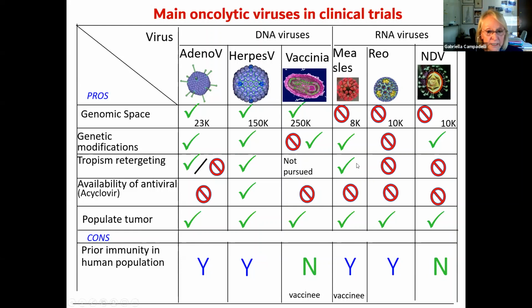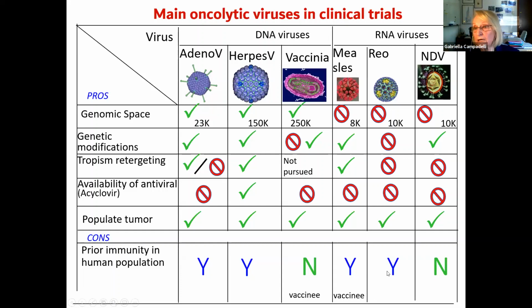The tropism retargeting can be done. There is no drug. And the virus used as oncolytic is actually the virus used to vaccinate people. So most of the population has antibodies to measles virus, and this is a problem. And for example, NDV is an animal virus. The animal viruses were introduced in order to avoid the problem of prior immunity.